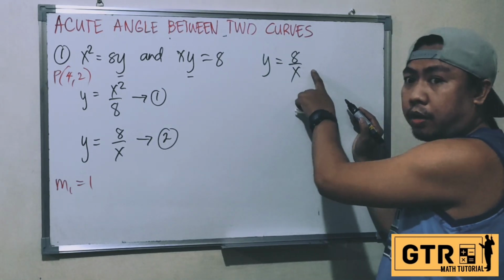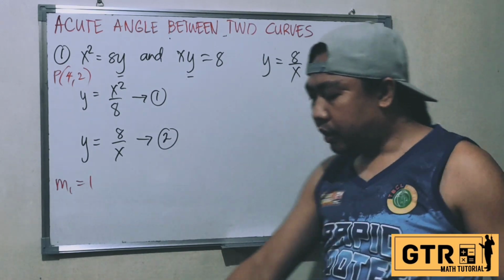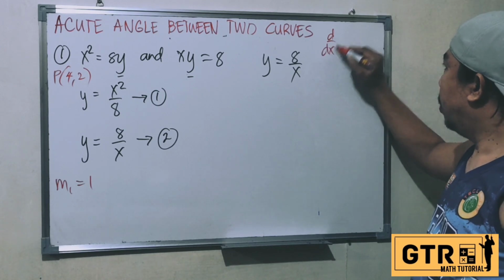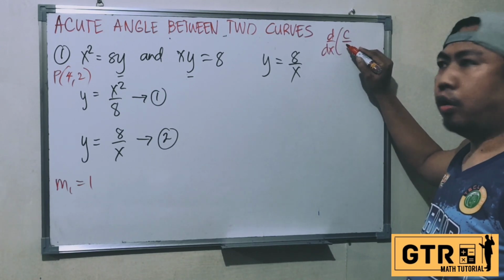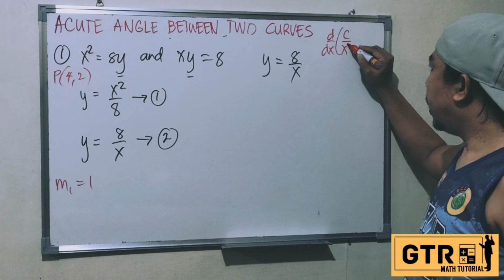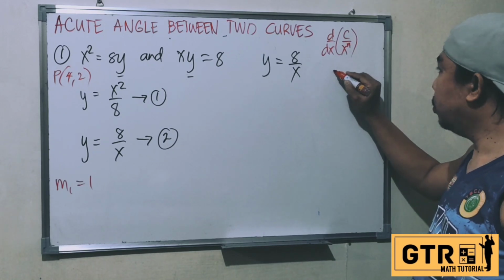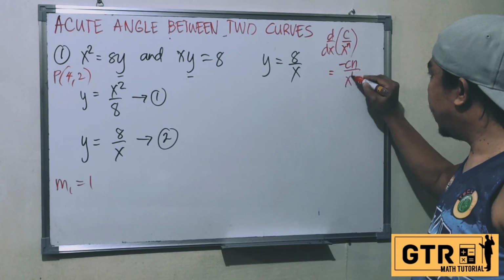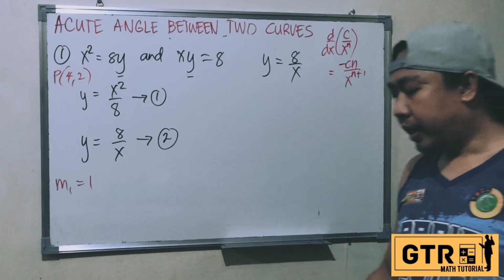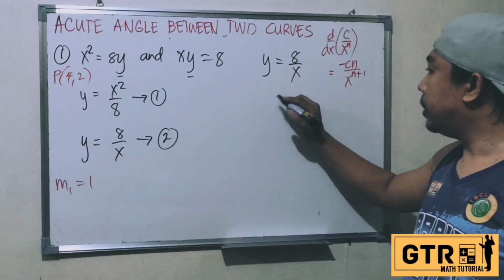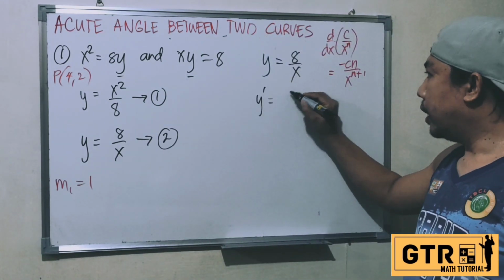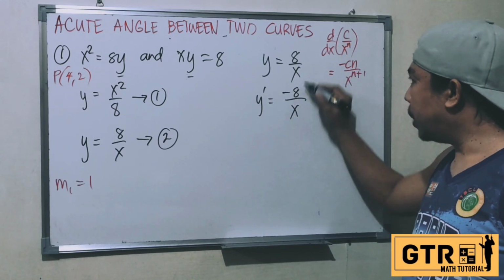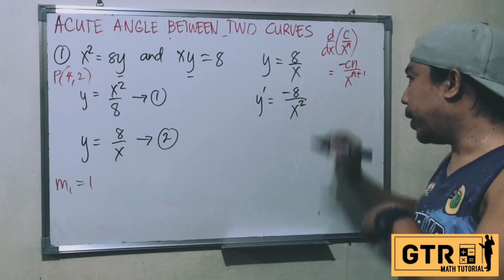We have a direct formula for this: the derivative of a constant c over x to the n is negative cn over x to the n plus 1. So y prime is equal to negative 8 over x to the exponent 1 plus 1, x squared.